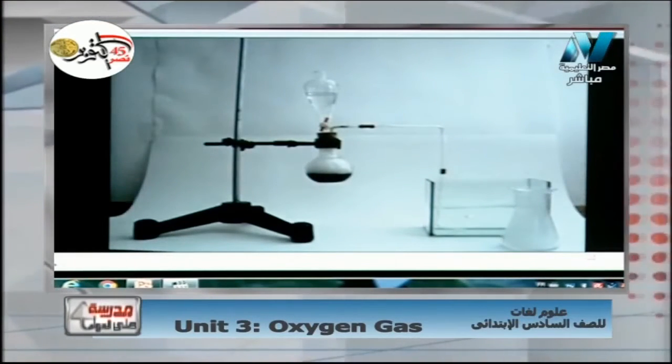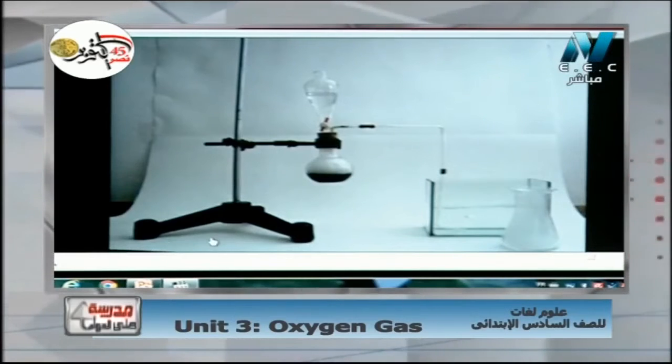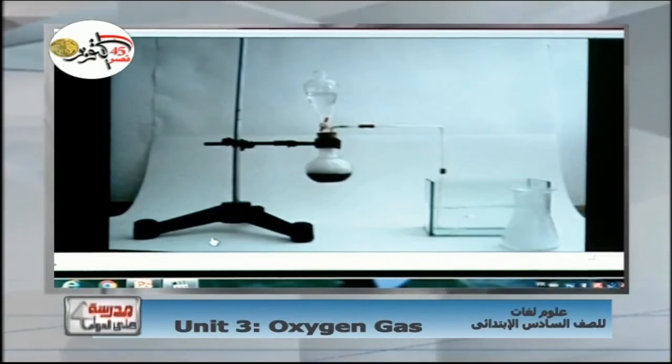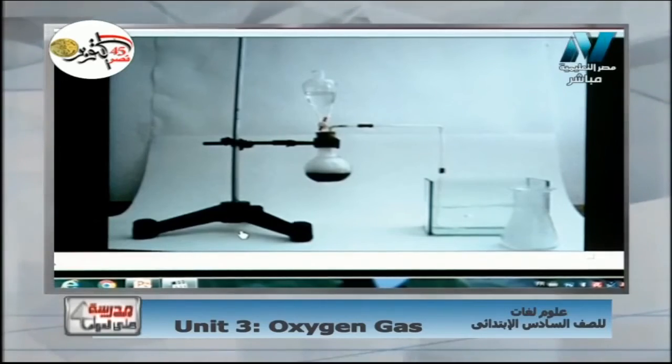So by this way I prepared oxygen gas to show you what are the uses of oxygen gas. So now I have some few questions of give reason.